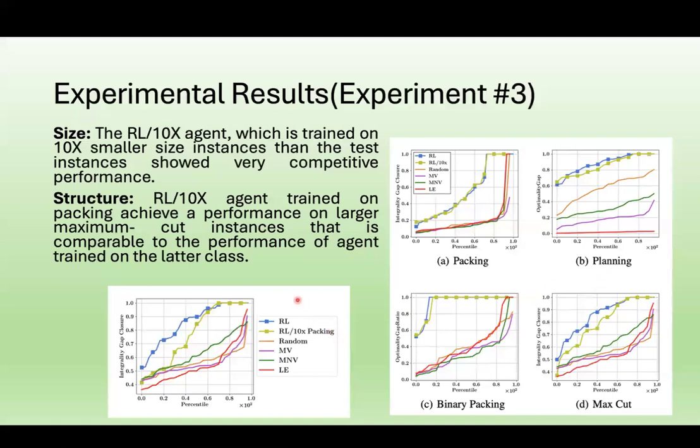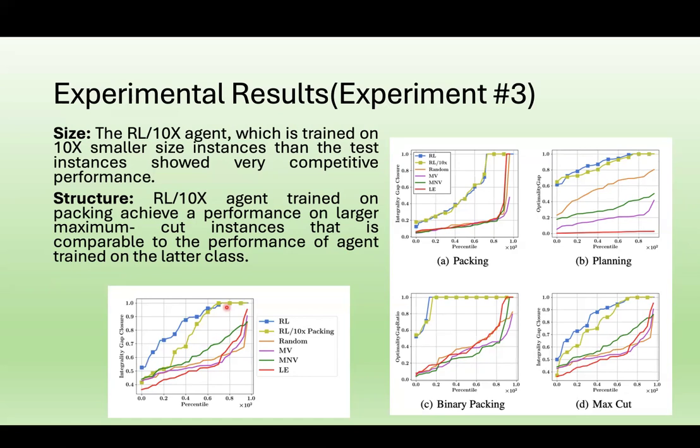Now let's shift our focus to the plot on the left. Here, the green plot shows the RL agent trained on a packing problem with IP instance of size, let's say X, and the blue curve was trained on the max cut problem of size 10X.